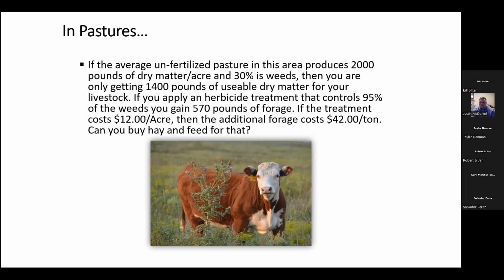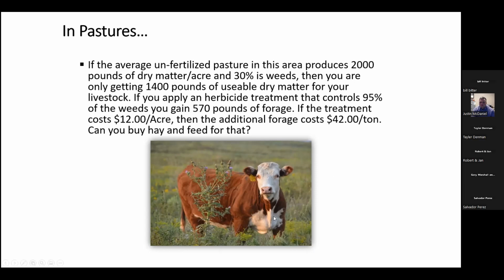If you have a treatment that costs $12 per acre, then that additional forage is costing you about $42 a ton. So just working through that, determining if it's economically feasible to control those weeds can help with an integrated pest management system. Make sure you're not controlling an unnecessary amount, basically.